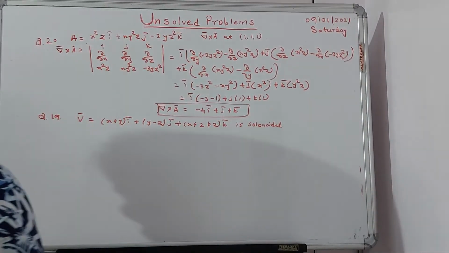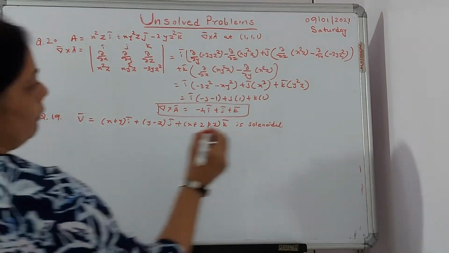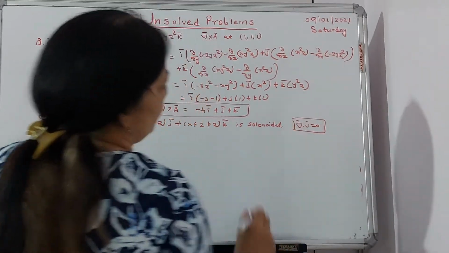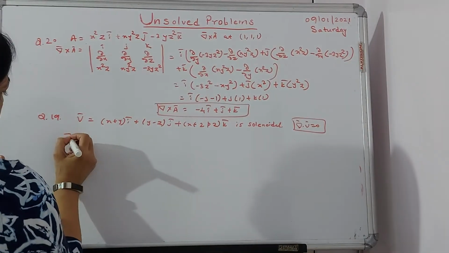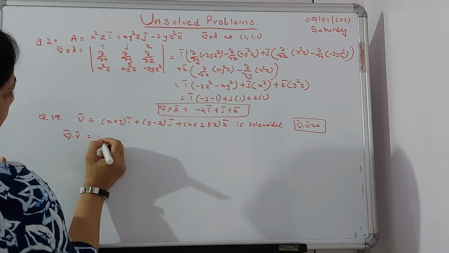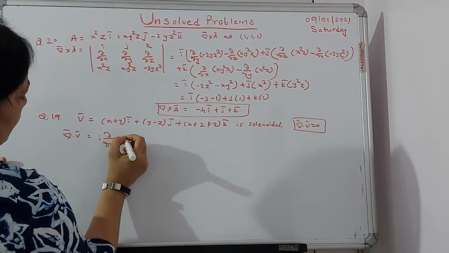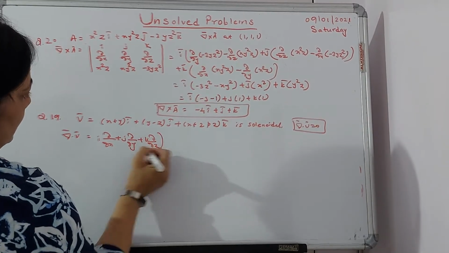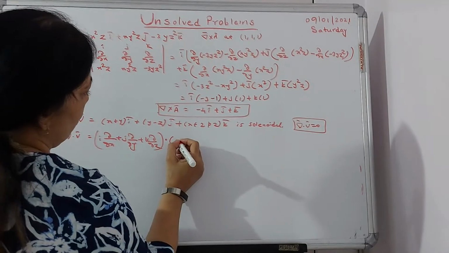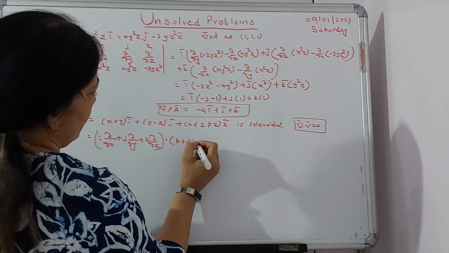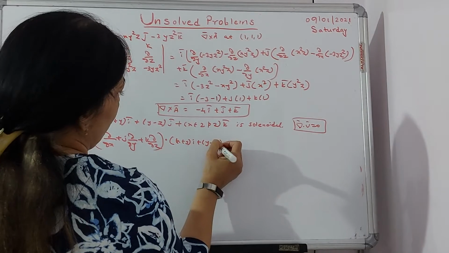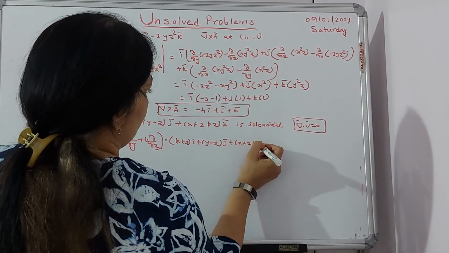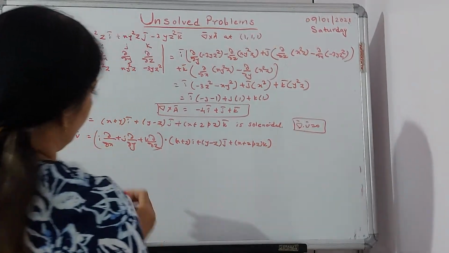Right? To show this solenoidal thing, we have to show divergence of V has to be 0. Right? So, to do that, what am I going to write? i ∂/∂x plus j ∂/∂y plus k ∂/∂z dot x plus y times i, y minus z times j, x plus 2pz times k.